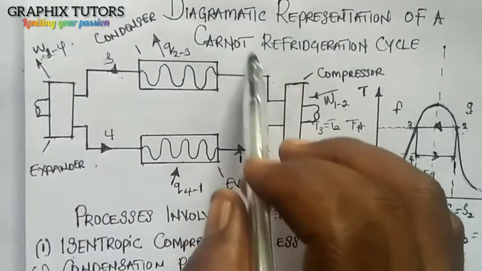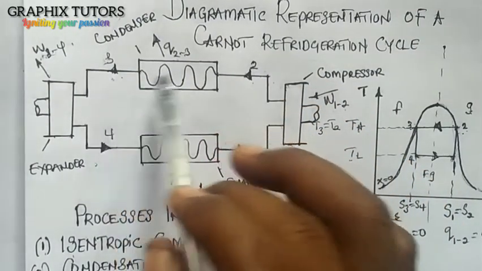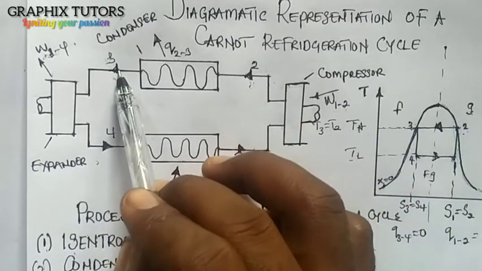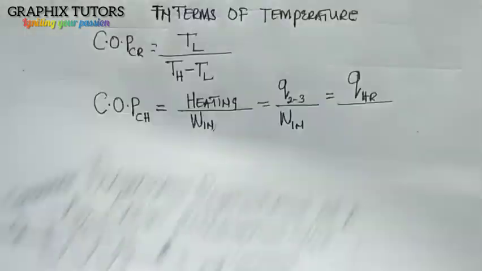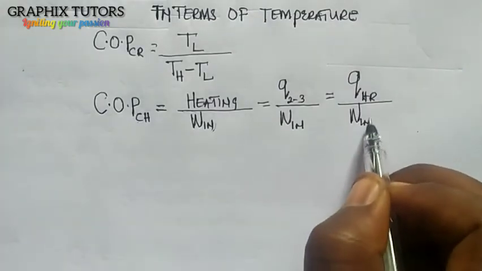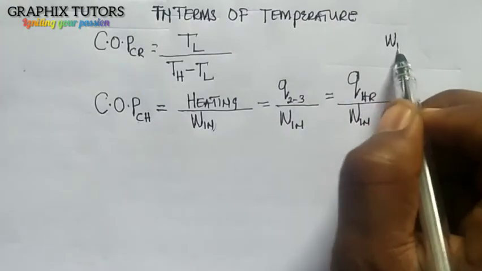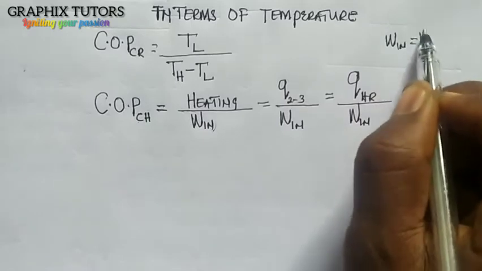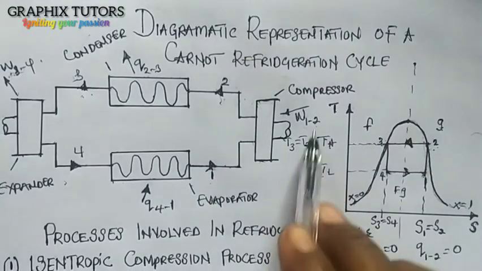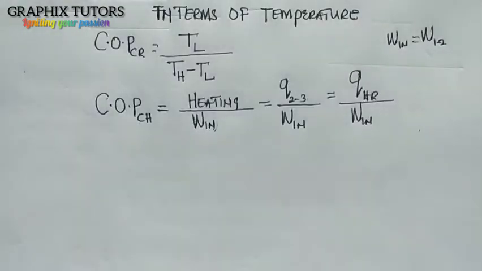That is why it changes phase from gaseous as state 2 to liquid as state 3. So all over the work in. If I like, my work in this case is equal to W 1 to 2, because it is the compressor. So this is what we have, any of these three.